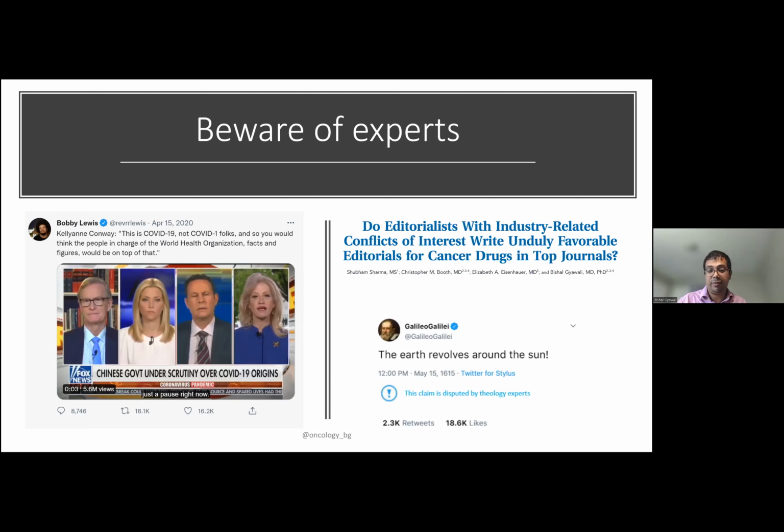Because this is a fun cartoon that shows that if Galileo was our contemporary and he had said that the earth revolves around the sun on Twitter, then it would come with a notification that this claim is disputed by theology experts. This is a fun cartoon, but this is not too far away from the truth, I would say. The real experts, if they point out some issues, it can easily be drowned out by the noise of social media or other people who have stakes in the game.